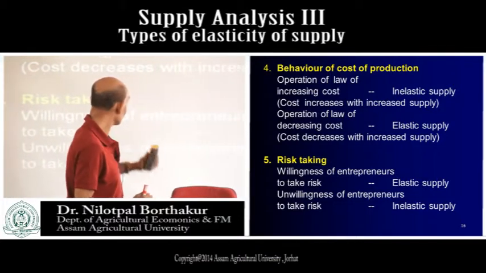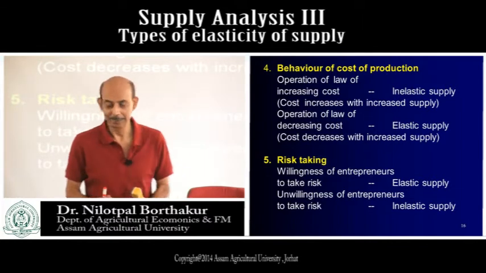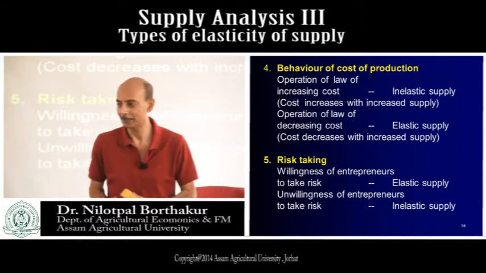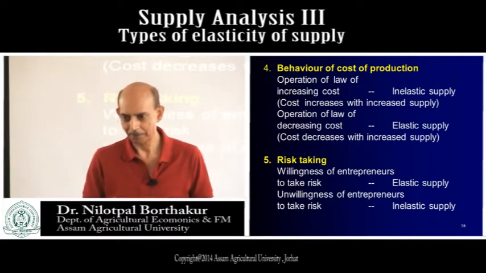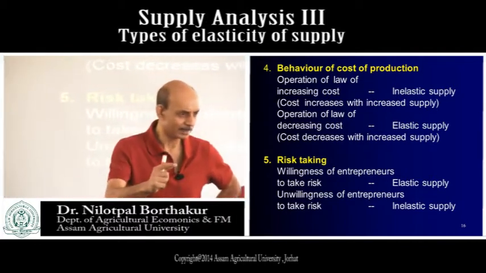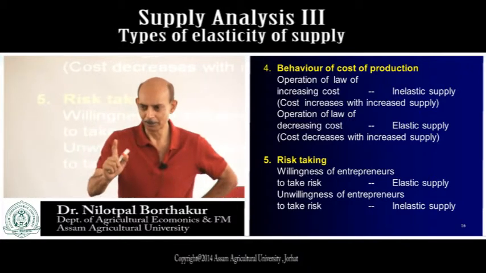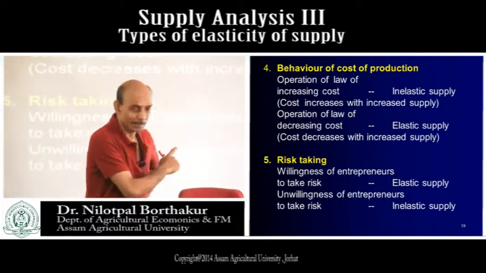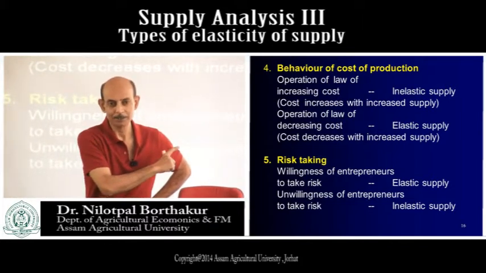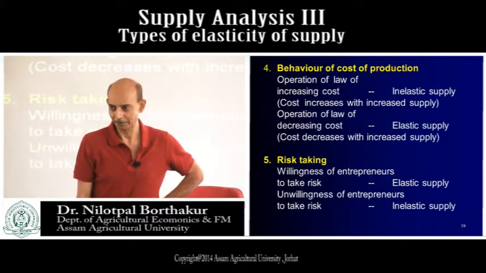If the per unit cost of production increases, then elasticity of supply will be inelastic, because he will not produce more. If cost increases with increase in production, he will not produce more, and supply will be less than the changes in price. So this will be inelastic supply.